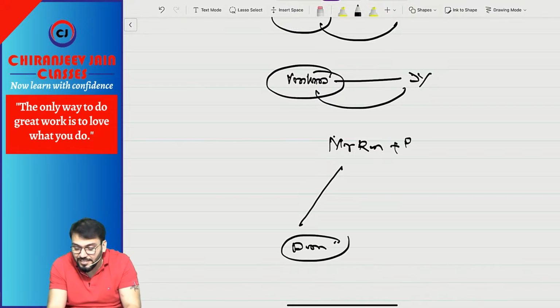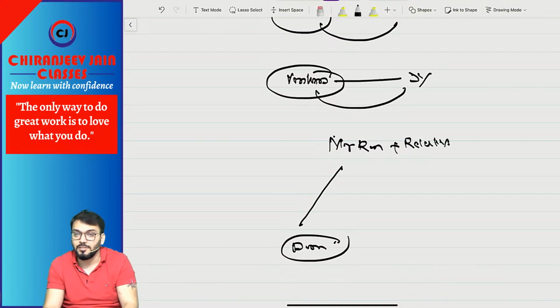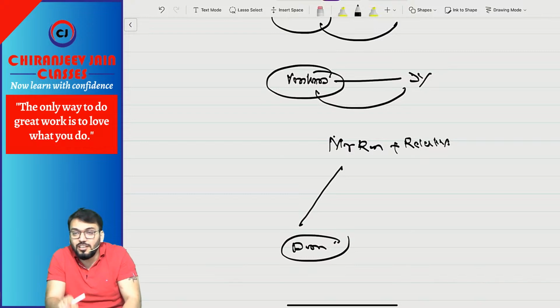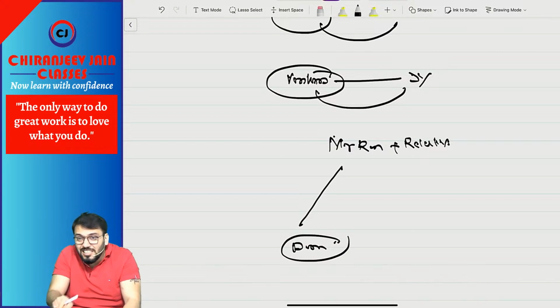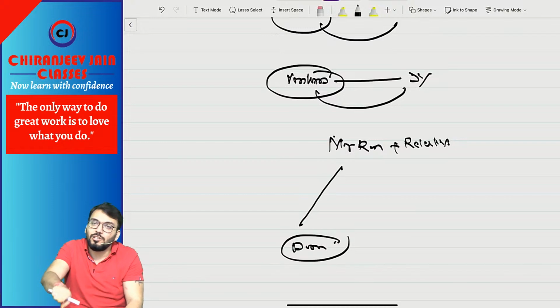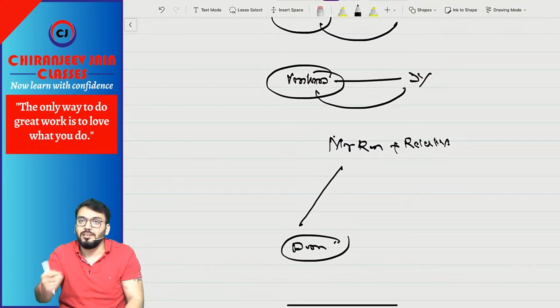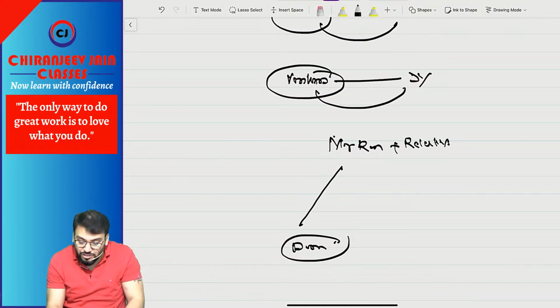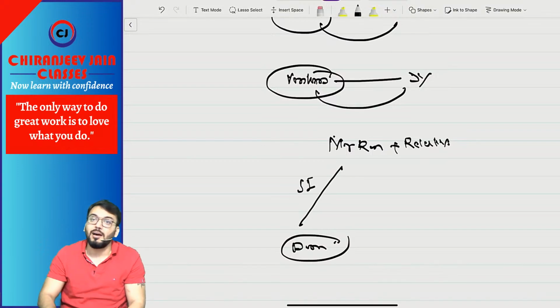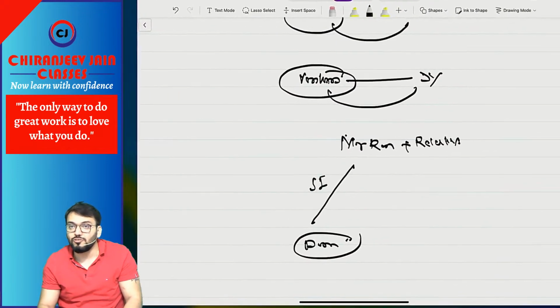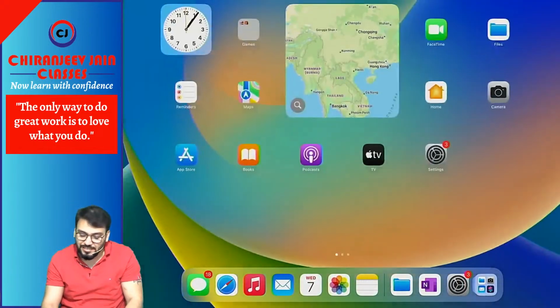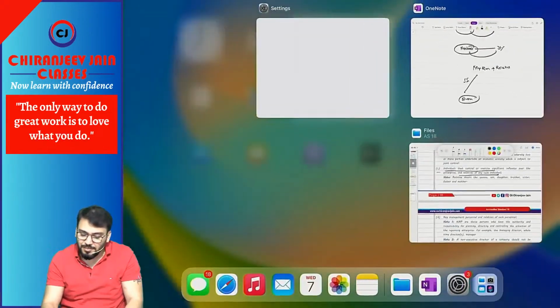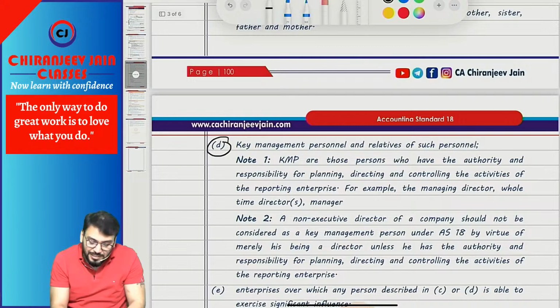And all his relatives will also be related parties. So any individual which controls or has significant influence over the reporting entity and their relatives will be related parties. So if I say Mr. Ram has significant influence over Ram Limited, then also Mr. Ram is a related party plus his relatives. Understood? Simple. Correct.